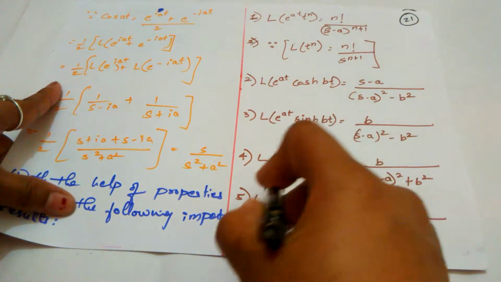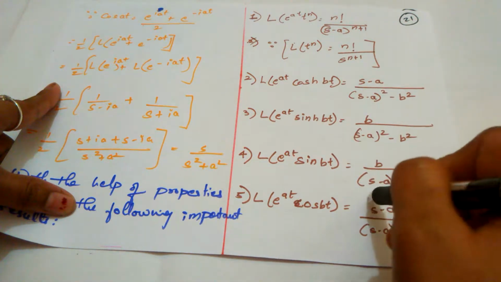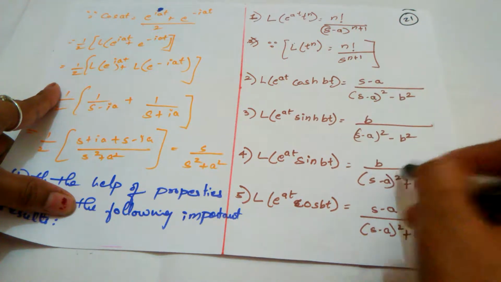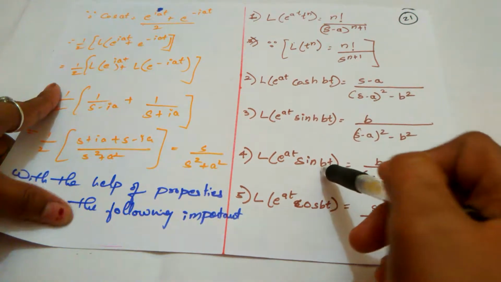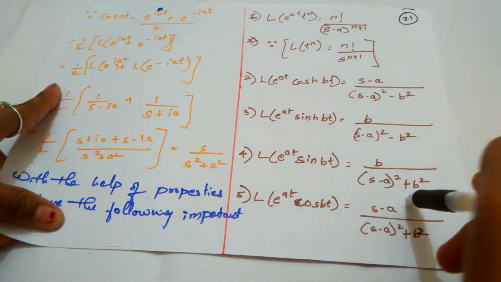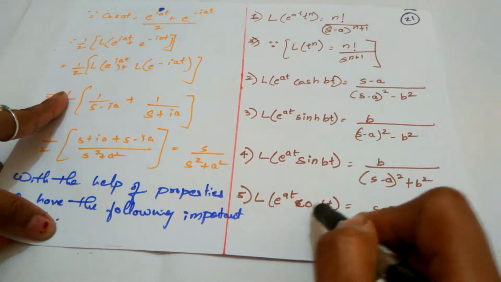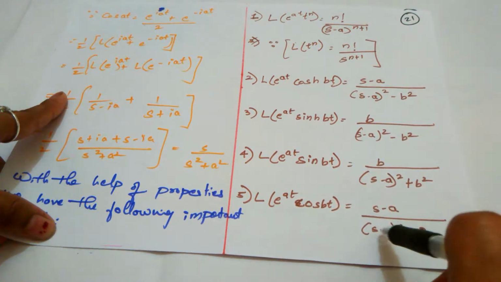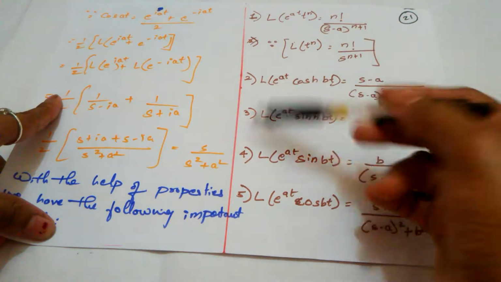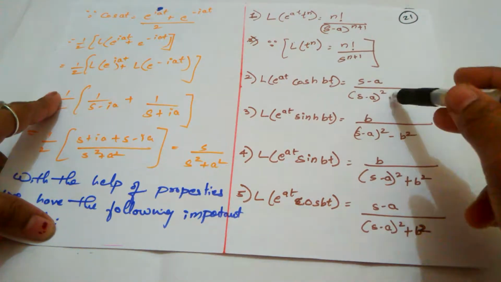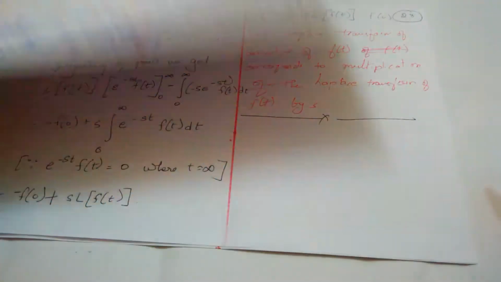And fourth one, L of e raised to at sin bt is equal to b upon s minus a the whole square plus b square. So the difference is, if we add h here, it will be minus, and if there is no h, it will be plus. Similarly here also, L of e raised to at cos bt is equal to s minus a upon s minus a the whole square plus b square. So if we compare the 2 and 5, the results are the same, only the sign is different. Here it is minus, here it is plus.